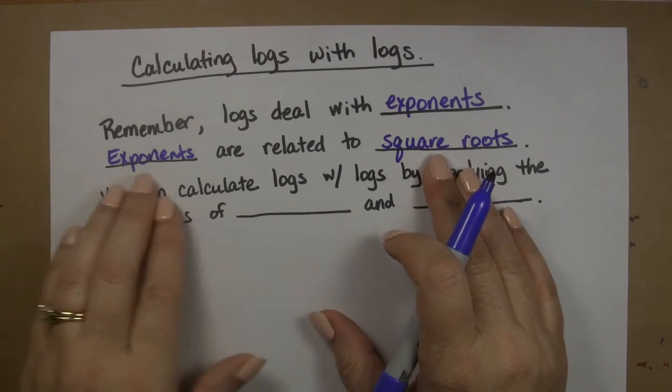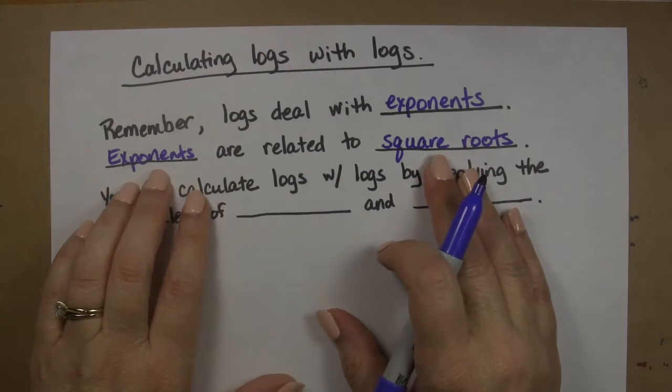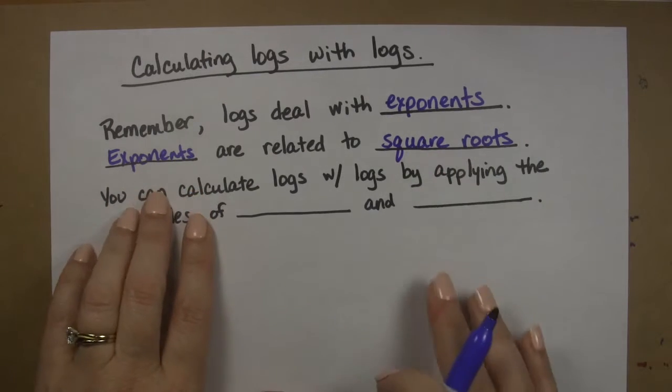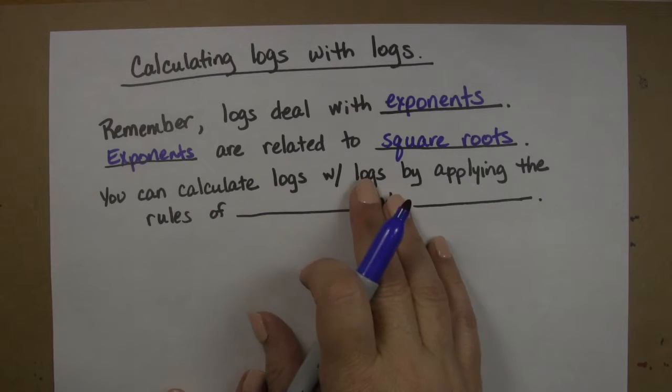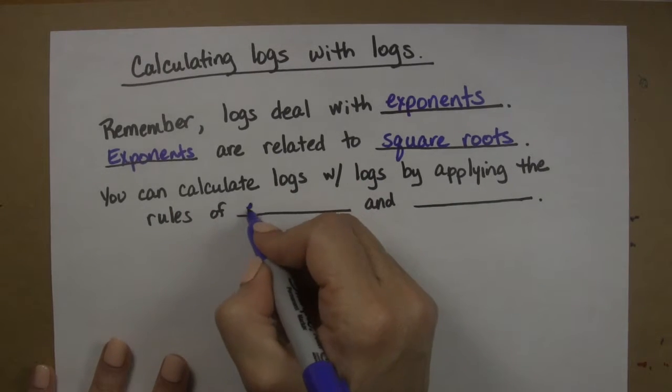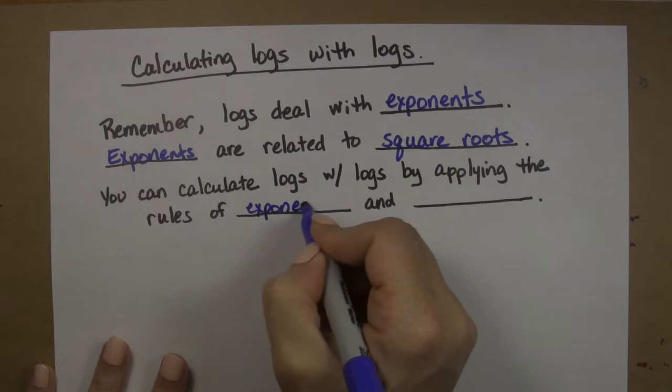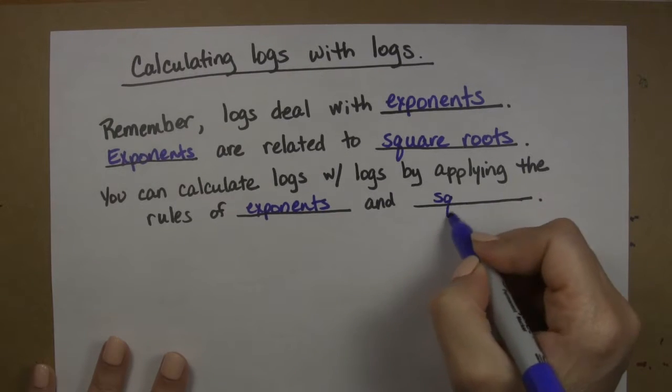Square rooting is kind of the opposite of exponenting. Neither of those are truly verbs, but we're going to pretend like they are. Okay, and you can calculate logs with logs by applying the rules of exponents and square roots.